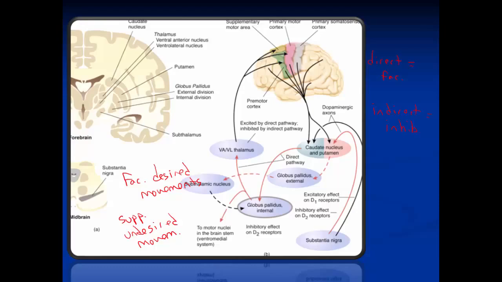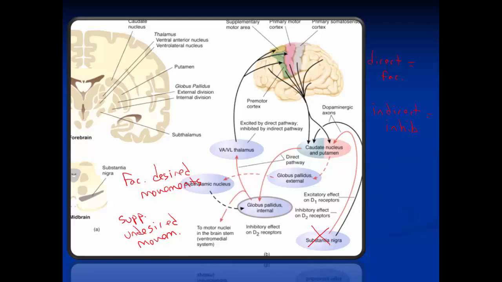Now, one way you can see this is in Parkinson's disease. For right now, don't panic about specifics about Parkinson's disease. We're going to talk a bit more about this later on. But in Parkinson's disease, the substantia nigra, all the neurons in there die. Not all. Almost all of them die, though. About 90% when you start to see symptoms.